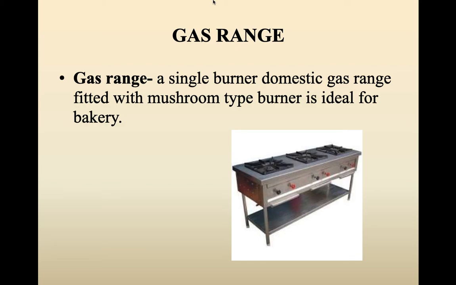Now, gas ranges are available in various forms, but the basic one is utilized in the bakery for heating purposes. You don't require a very high range burner in the bakery, but a basic gas range, single burner or double domestic burner, can be utilized for cooking purposes.